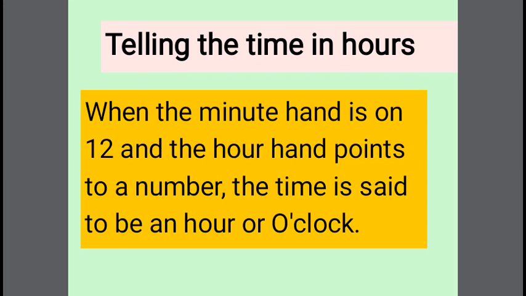Let's say it together. When the minute hand is on 12 and the hour hand points to a number, the time is said to be an hour or o'clock.